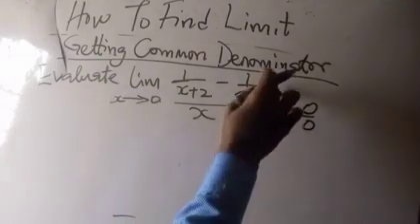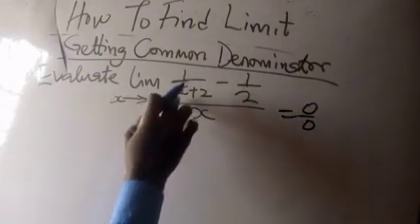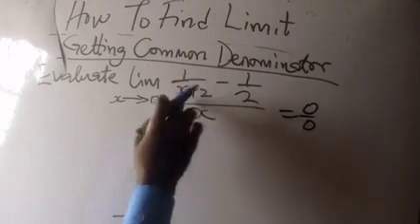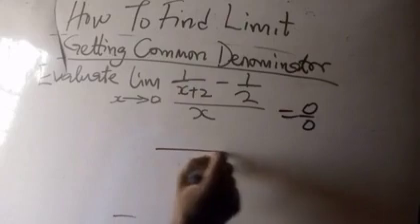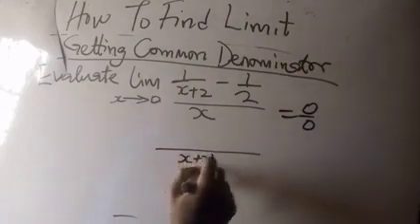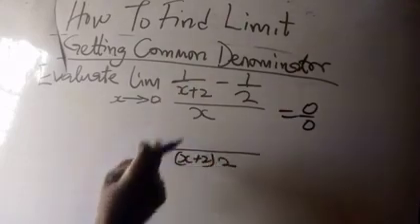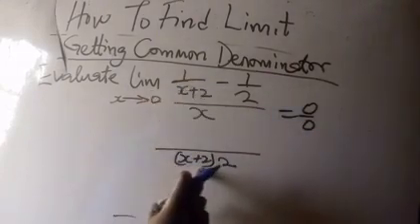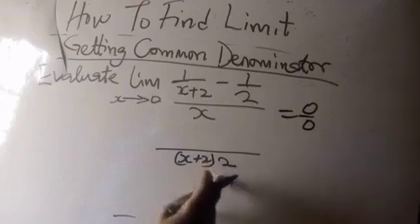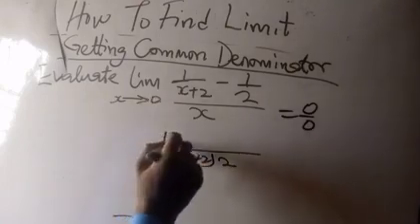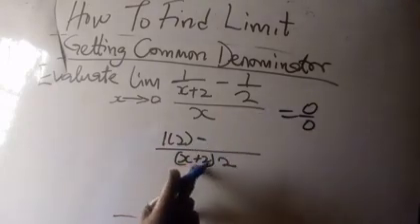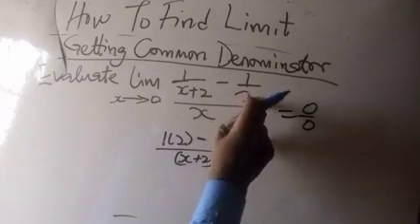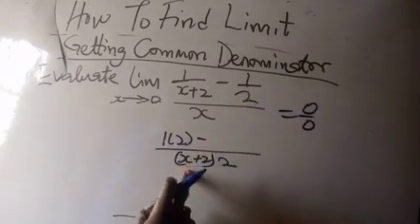So for the numerator here, the LCM is going to be the product of x plus 2 and 2. And we have x plus 2 multiplied by 2. X plus 2 divided by the product of x plus 2 multiplied by 2 will give us 2. So 1 into 2 minus x plus 2 multiplied by 2 divided by 2, leaving behind x plus 2.